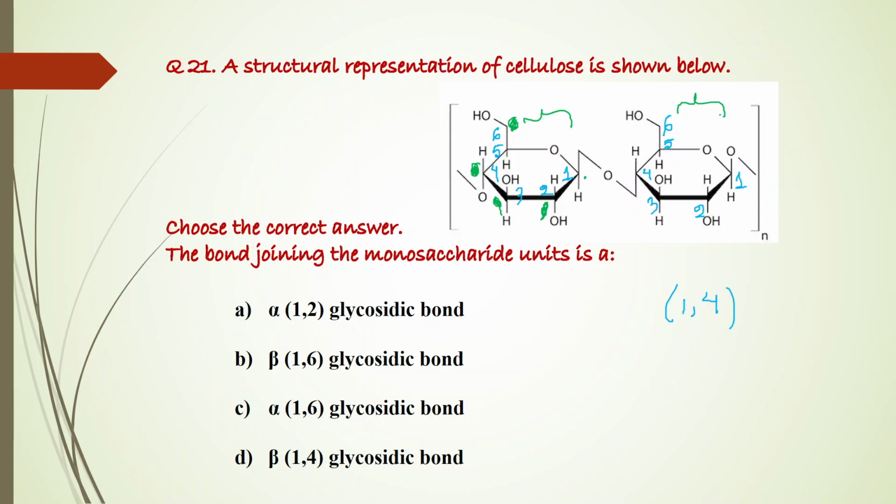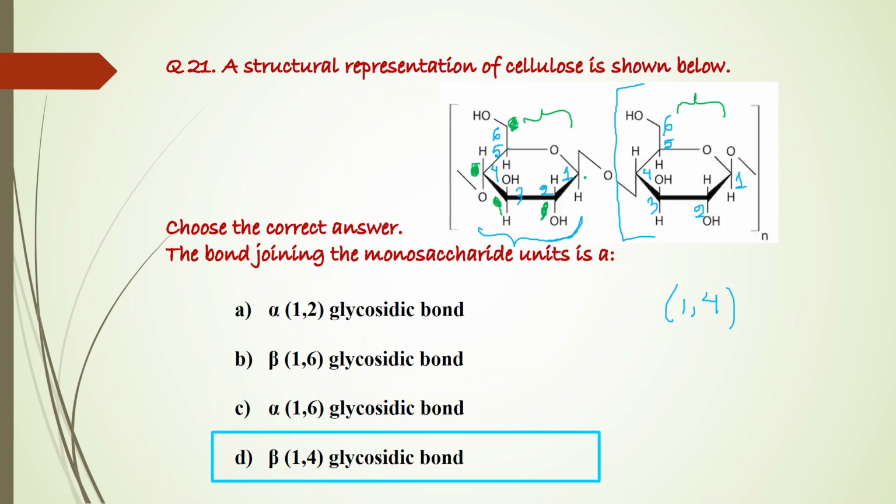For determination of that, we do not require this second part at all. We just need to look at the first monosaccharide that we are dealing with. So this is our first monosaccharide, and in its case both the CH2OH group and this OH group are in the same direction.